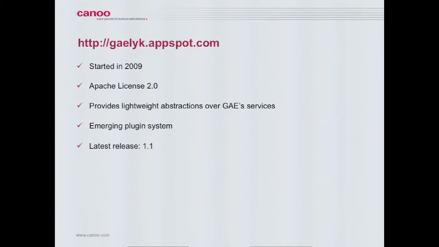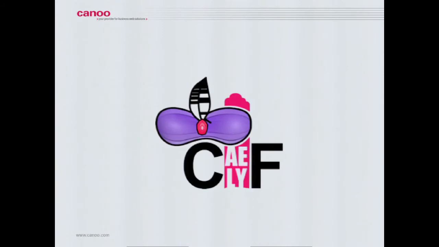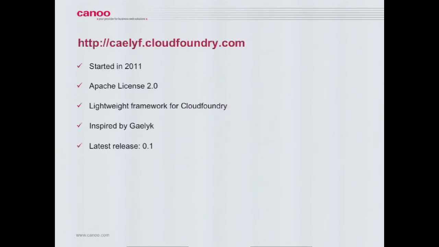Gaelic has a little brother. It's called Caliph. You might have heard that VMware is pushing its own cloud technology, and it's called Cloud Foundry. Well, it turns out that Caliph is to Cloud Foundry what Gaelic is to Google App Engine. It is a small, lightweight framework on top of the services exposed by Cloud Foundry.